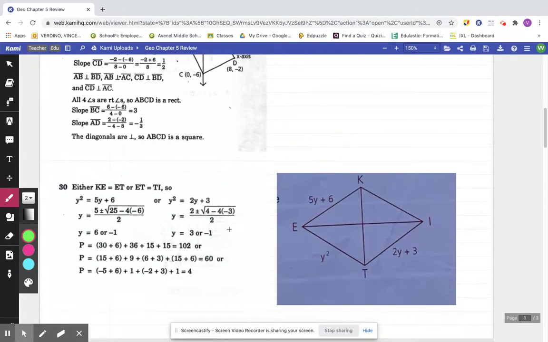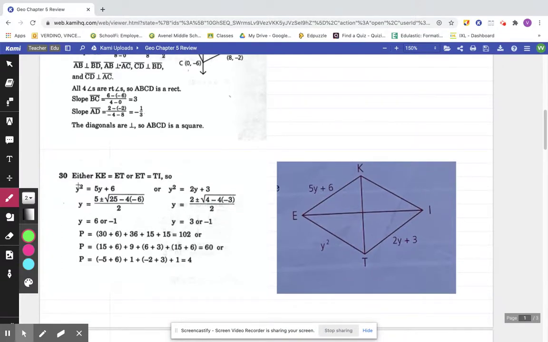Okay, same thing with number 30, right? Oh, we don't have enough information to tell what the figure is yet, but it can either be KE equals ET or ET equals TI. So I'm guessing this is going to be a kite, so we don't know which ones are equal to each other.